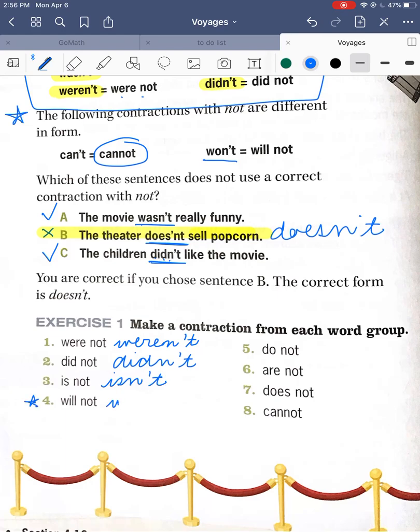So it becomes won't. Do not becomes don't. Are not becomes aren't. Does not becomes doesn't. And cannot becomes can't.